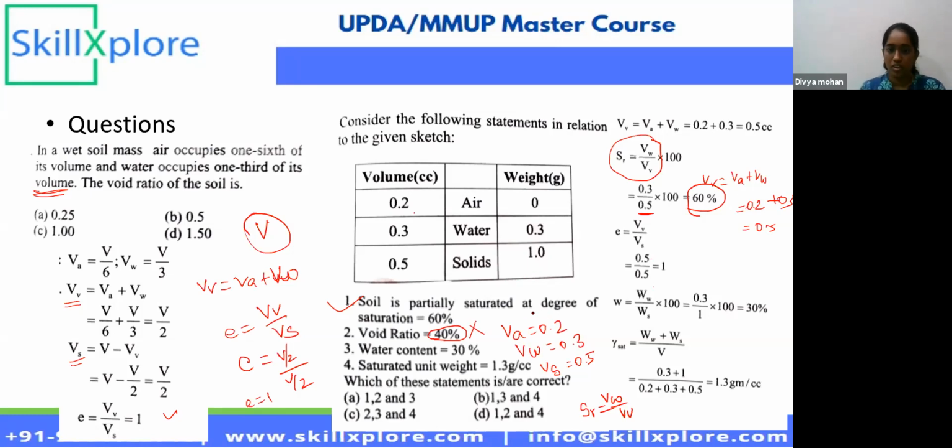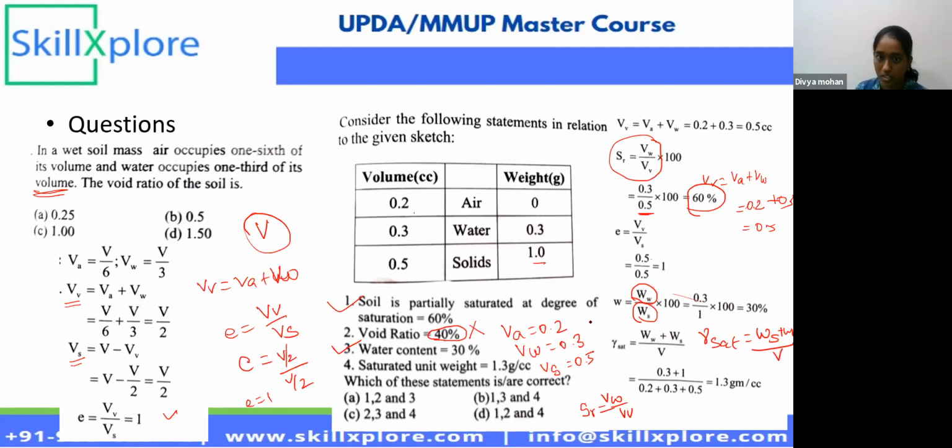And then water content. We know that water content is the ratio of weight of water to weight of solids. The weight of water they have given is 0.3 and the weight of solids is 1, so it is 30%. So this parameter is correct. And saturated unit weight: gamma sat is equal to (weight of solids plus weight of water) by total volume.